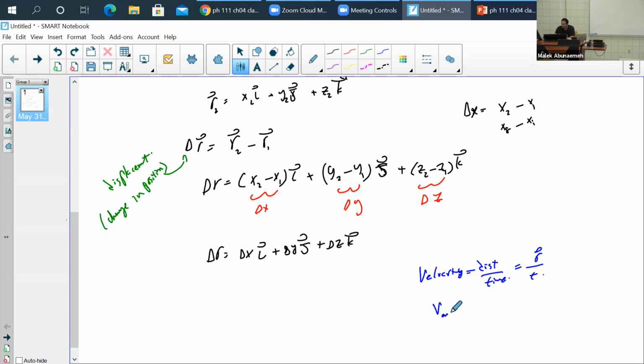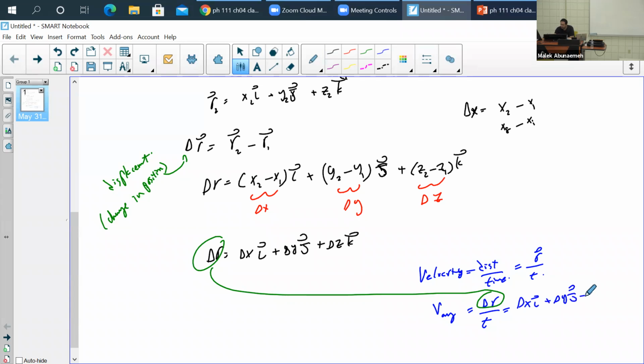So for your average velocity, you're gonna have the displacement delta r divided by your time. So delta r, we can go ahead and substitute. So what do we get? You get delta x in the i direction plus delta y in the j direction plus delta z in the k direction, all divided by delta t. Oh, I forgot the delta. The average velocity is delta r over delta t.